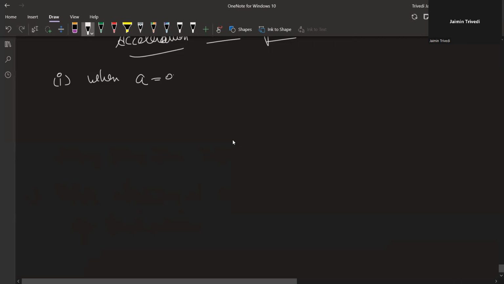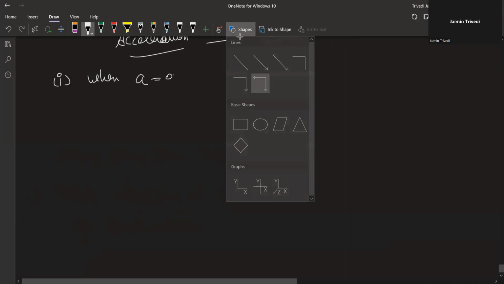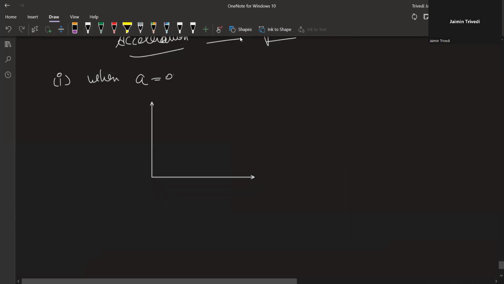When a is 0, how to draw a equals 0? A constant velocity by time. At the 0th position, a is 0. If the motion is in this direction, a is 0 at the origin. Yes, origin. Time axis.